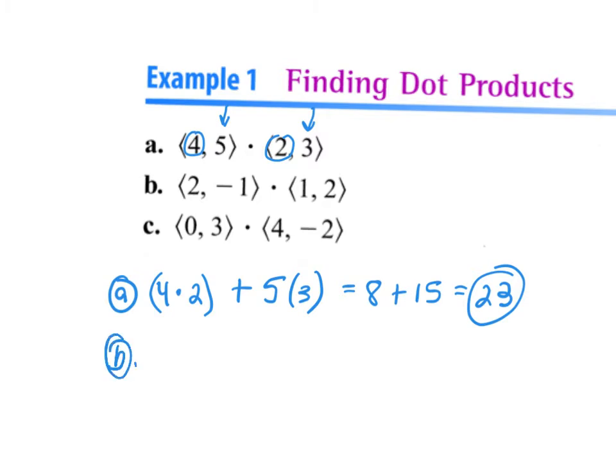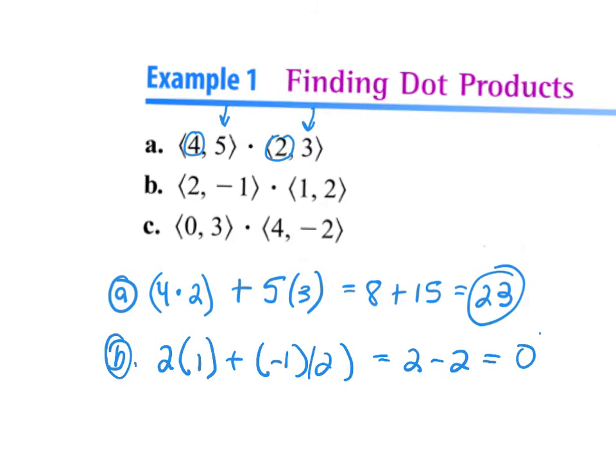All right, let's find the dot product. First with first, so I have 2 times 1, plus what? Negative 1 times 2. So I have 2 minus 2, which is 0.